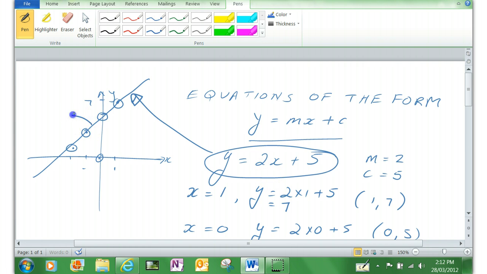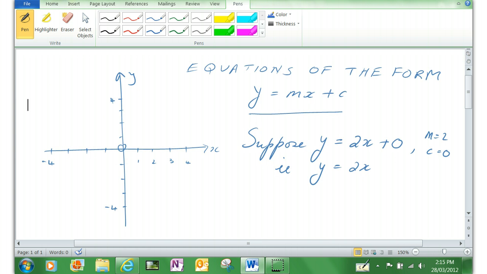So we can label this line y equals 2x plus 5. Now, once we know that all equations of this form, where you've got y equals a number times x plus or minus another number, are a straight line, then you can find out what that straight line is by just drawing 2 points. Because if you have 2 points and it's a straight line, you know the line must go through those 2 points.